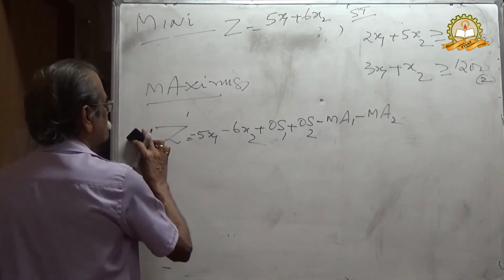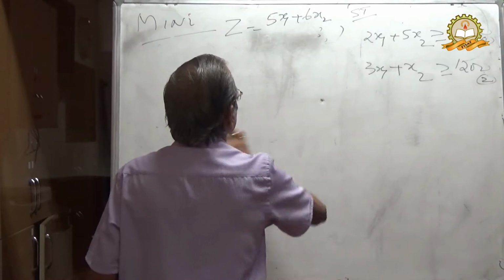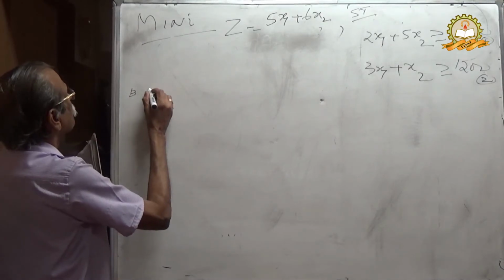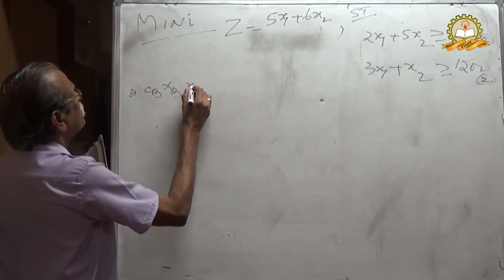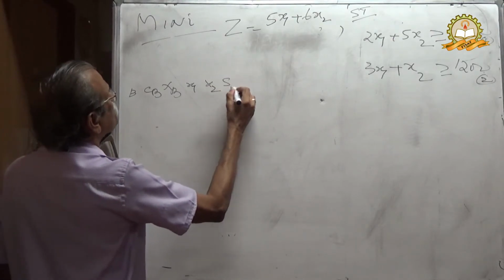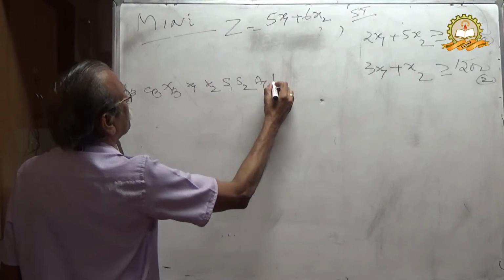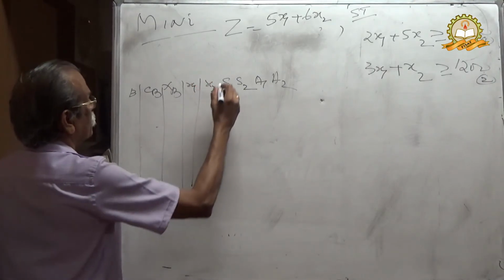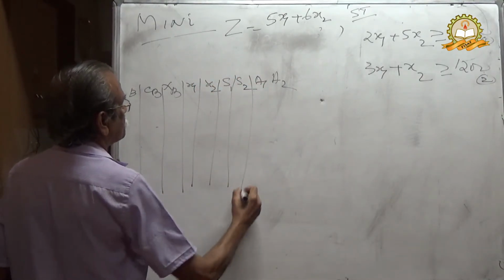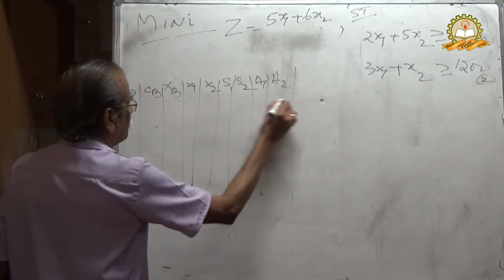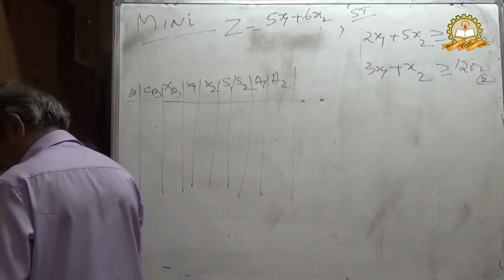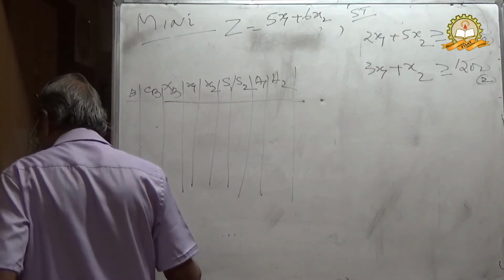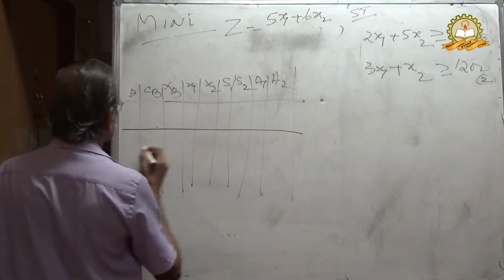Therefore, the table becomes: B, CB, XB, x1, x2, s1, s2, a1, a2. There are two rows.